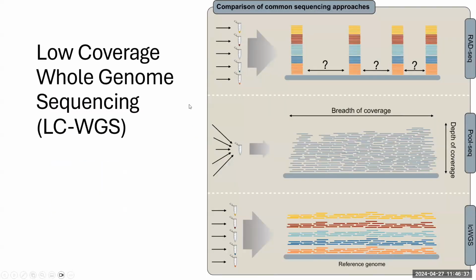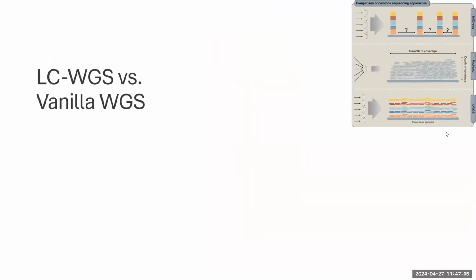Okay, so to alleviate this issue, one can use low coverage whole genome sequencing. This is a new sequencing method that simultaneously sequences many samples on the same machine, while, as opposed to, let's say, pool sequencing, it preserves the information of the origins of the samples.